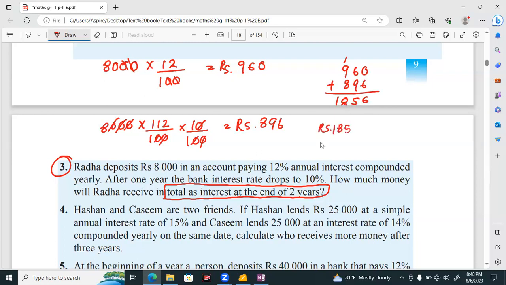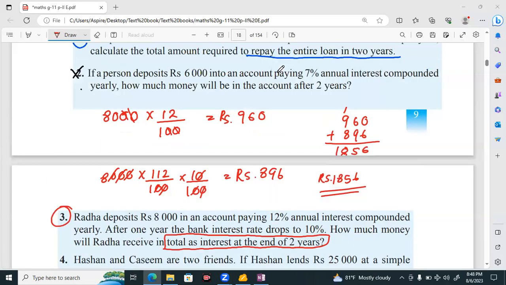Is this the answer you get? Oh, no. 5,856 I think is for the total amount. It is not the total interest at the end of 2 years.